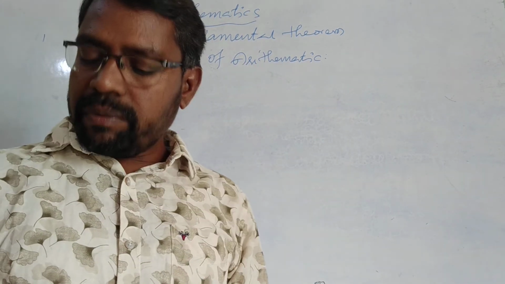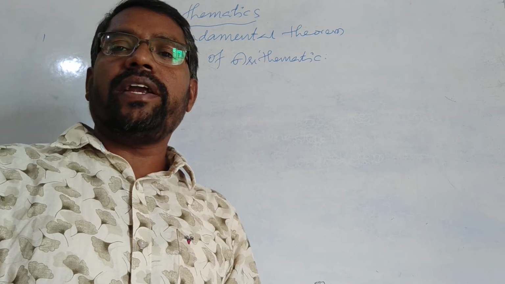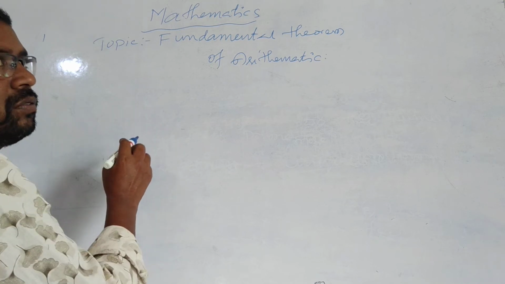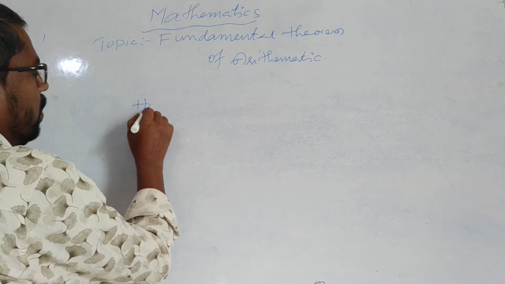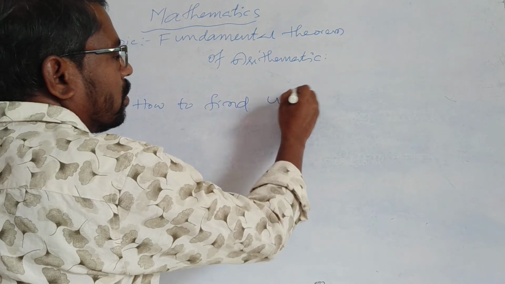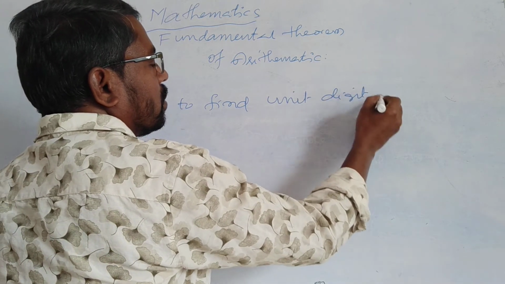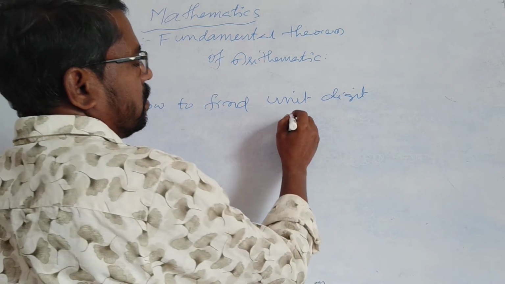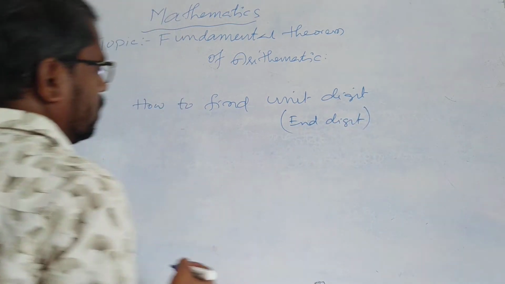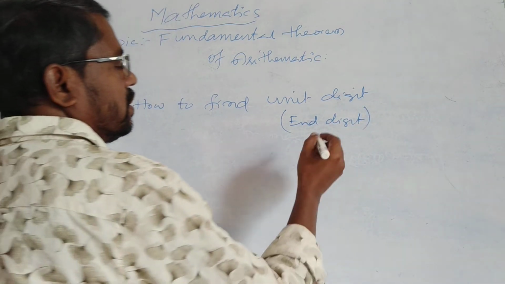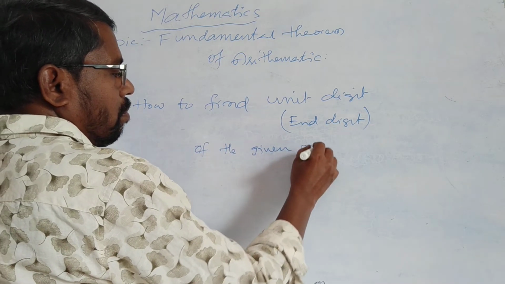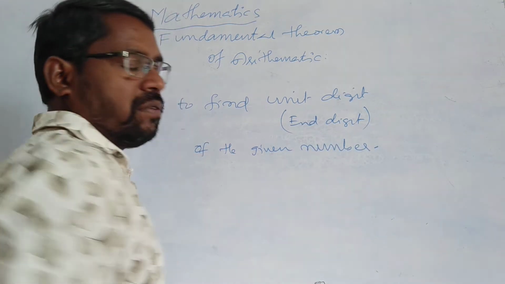The fundamental theorem of arithmetic gives us applications to find other things, namely how to find the unit digit, or end digit, of a given number. This is also there in your exercise 1.2.